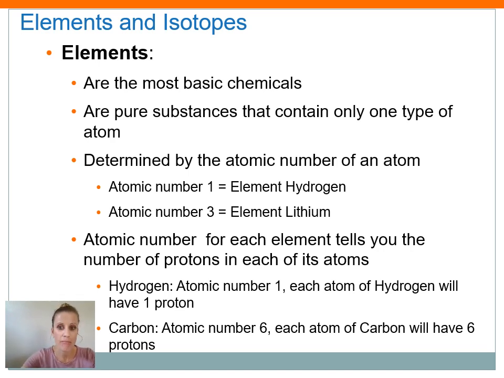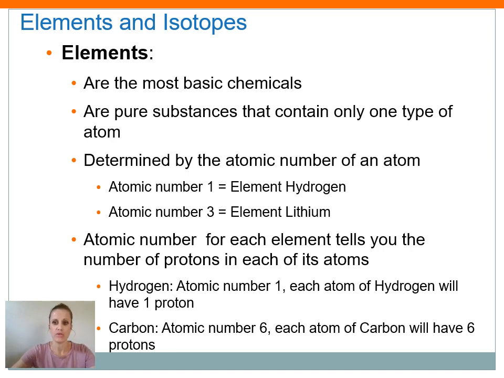At the bottom, you'll have the atomic mass. That's the average weight of all of the hydrogen that exists in the world. The average weight is like 1.00794, I believe, if I'm remembering that correctly off the top of my head. That's the average weight of hydrogen, so about 1 if you rounded that off.